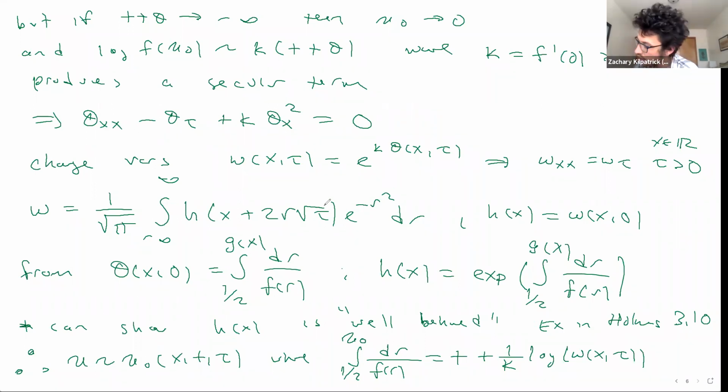So it's another way to get this minimum speed result that people often get for Fisher's equation. Basically your kappa here is f prime of 0, and you pull this out of your function. This actually involves your function as well, so you would need something that's integrable in order to get something explicit for your solution.